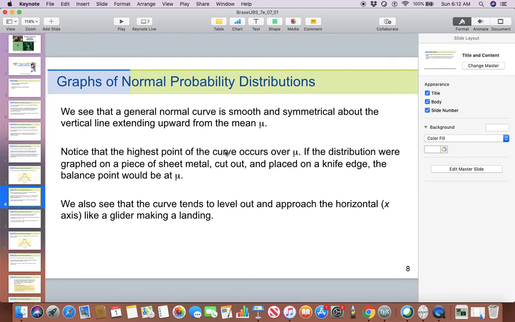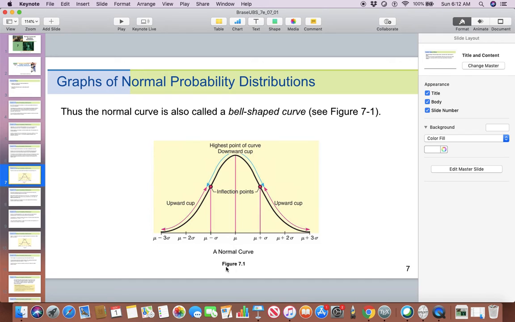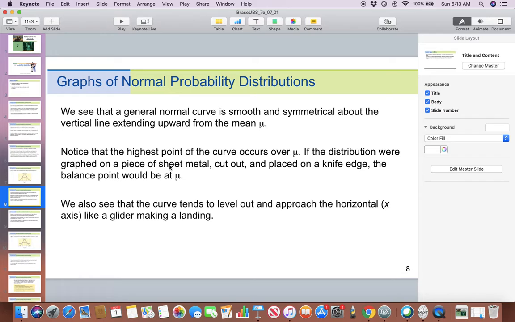Notice that the highest point of the curve occurs over mu. If the distribution were graphed on a piece of sheet metal, cut out, placed on a knife edge, the balance point would be at mu. So, if you had to balance this picture, you would have to hold it here for the two sides to balance. All right, that's what they are explaining there.